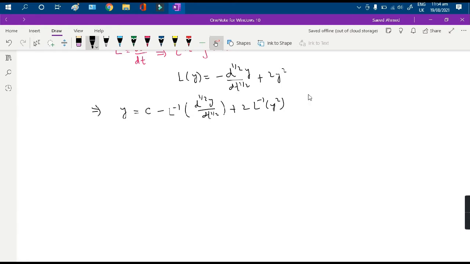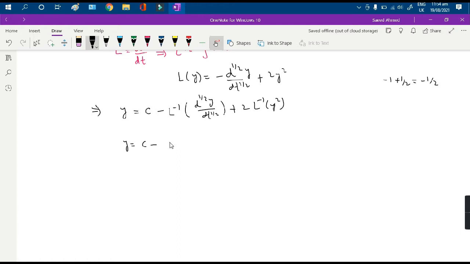The integral operator is of order 1, and this differential operator is of order 1/2. Combining them leaves an operator of order -1/2. So it's a differential operator of order -1/2, or we can say that this is an integral operator of order 1/2.